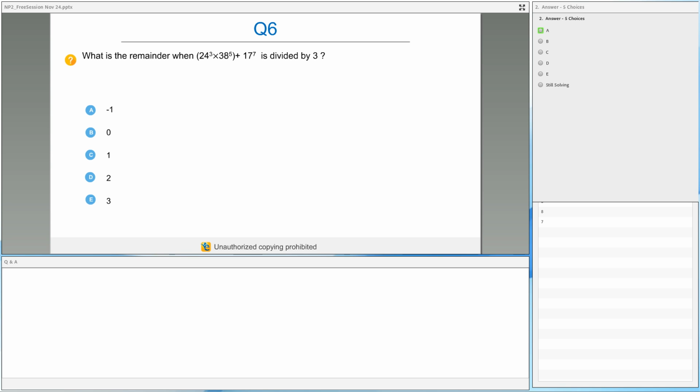Another 10 seconds, everyone. You can use the old method also. It's totally okay. Both these methods will give you the answer easily in this case.